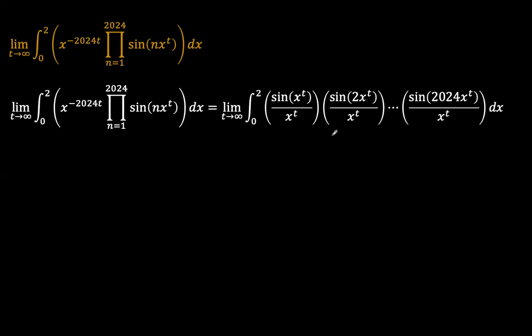The first thing that at least I could visualize here is, for the limit t tending to infinity, x to the power t tends to 0 between 0 and 1. But between 1 and 2, this tends to infinity.